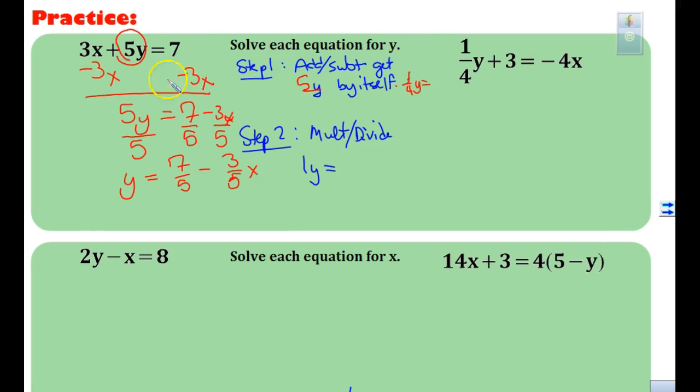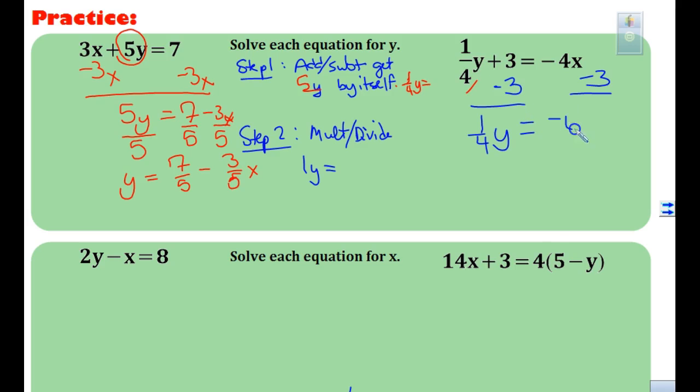We solved this one subtracting the 3x divided by 5. We now want to get 1/4 y by itself. Brooke, tell me what you think I should be doing to get the 1/4 y by itself. Subtract 3. Milk, when I subtract 3 on both sides, I have 1/4 y equals what?